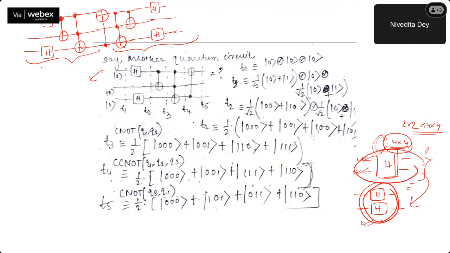If you do this, this is the do operation, and this is the undo operation, the undo computation. We'll be getting the same thing.